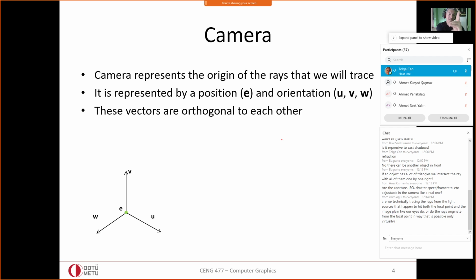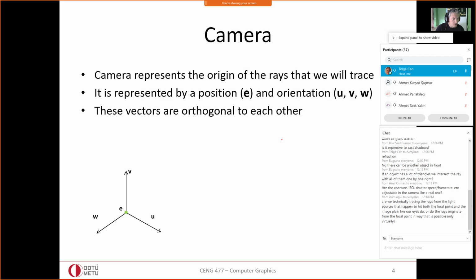But in order to avoid that, we are going to have a virtual camera in which the image plane is in front of the focal point, just as in the slide that I showed you. Therefore, we are going to have straight up images, not reversed, and it will be a perspective vision.